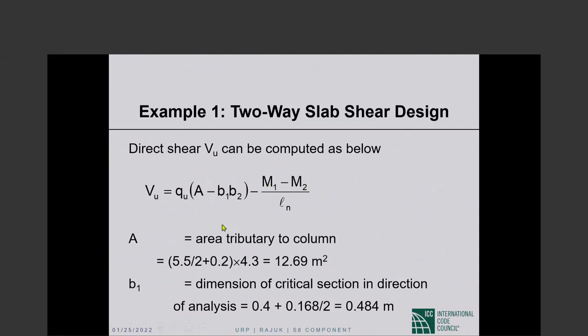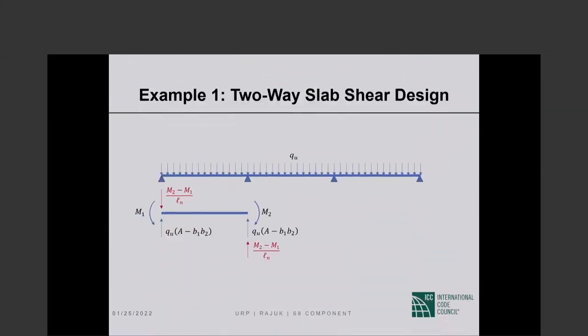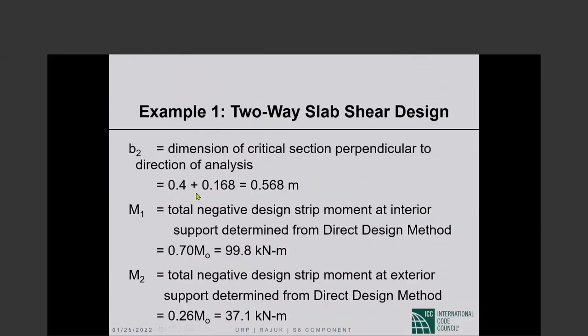Okay. So anyway, now we know all the numbers. The Q sub U is 10.2 kilonewton per square meter. A is shown here. The B sub 1 is the long dimension of the critical section. B sub 2 is the other dimension of the critical section.